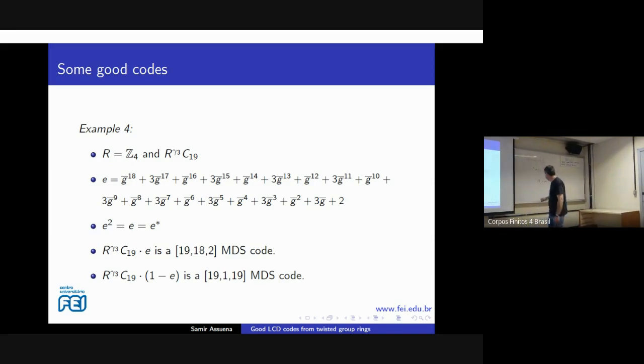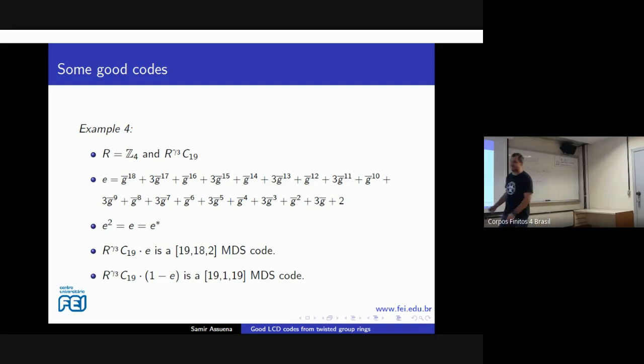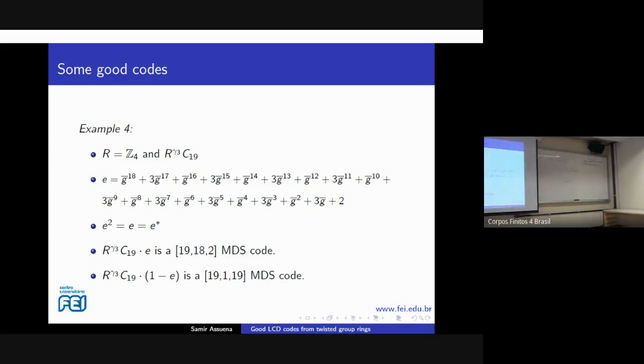So in all the characteristics, we have just cyclic, constacyclic and negacyclic codes. This is why we look at this.